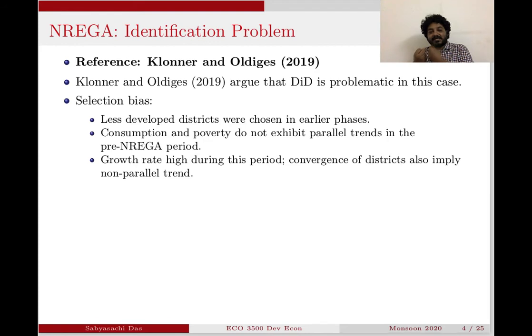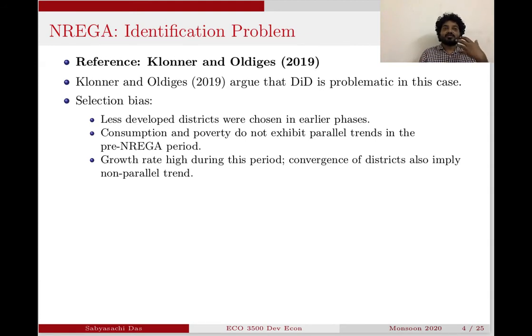So basically the idea is that there are districts which are poorer than other districts, and these districts are catching up to the better districts. Why might that happen? Because the act comes into play in 2006.